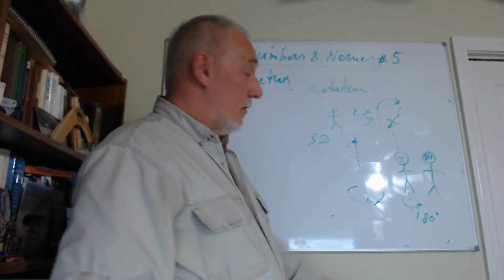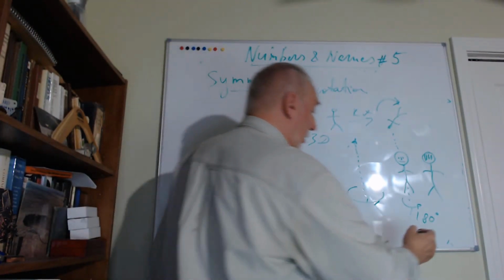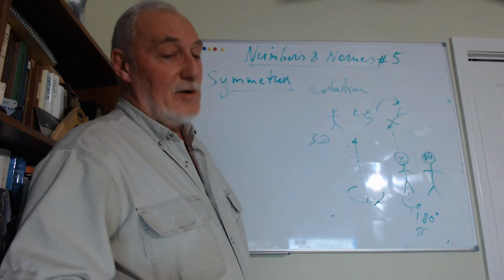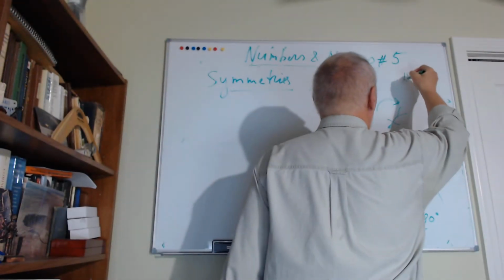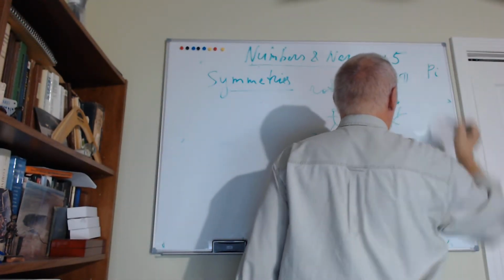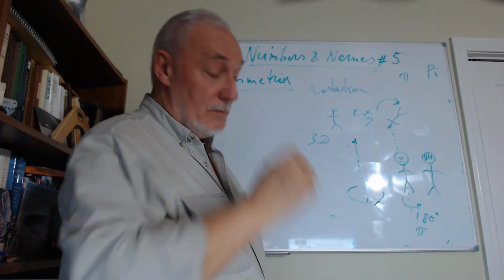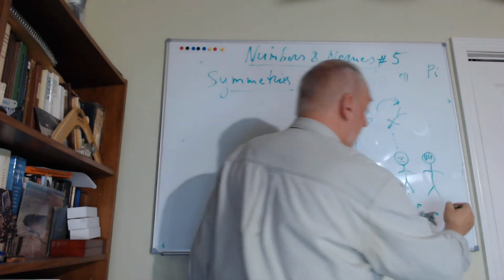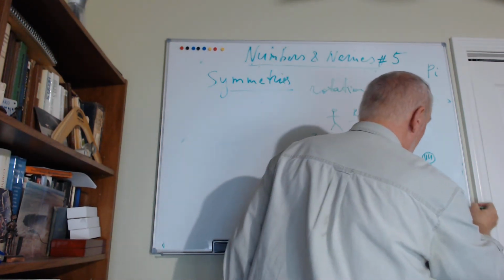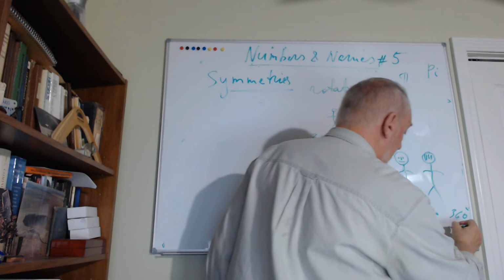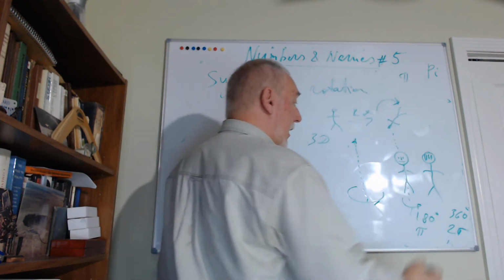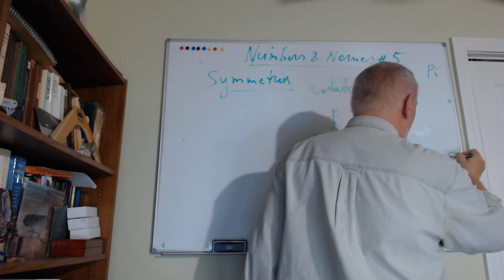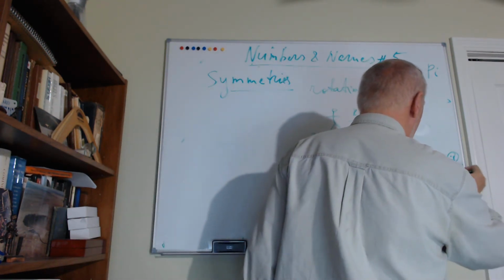This 180 degrees is usually called pi radians. Pi is a number, but it's an angle actually too. So the angle 180 degrees is pi. When you rotate it 360 degrees, it's the full circle, it will be two pi. And in this case, what will change? Nothing. You still have your face.